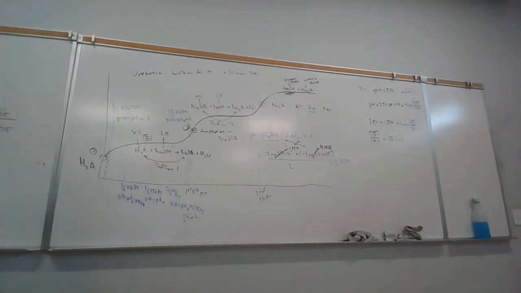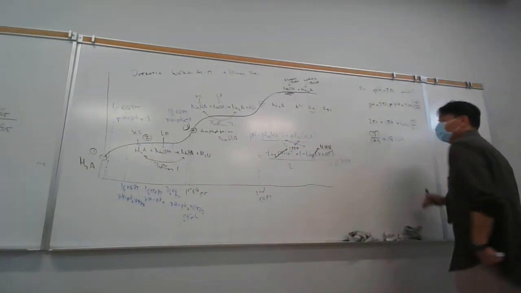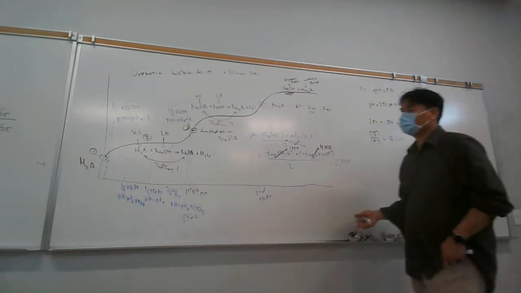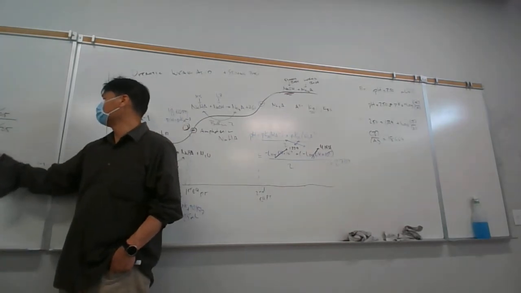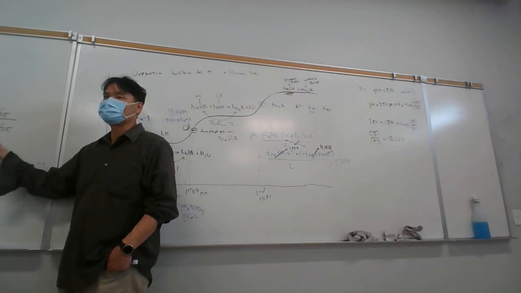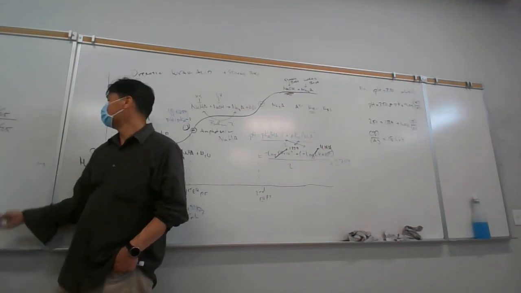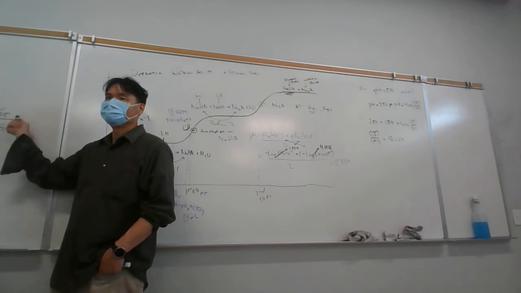Okay, so I have my base to acid ratio. I'm working backwards, I need to figure out what the equivalence point is. Here's a base to acid ratio, but this base to acid ratio is not the equivalence point. So I have to figure out a way to go from here back up to here.